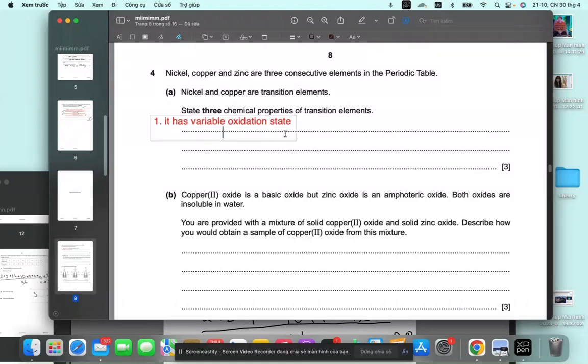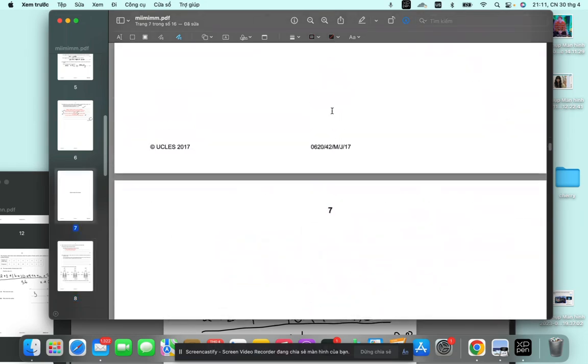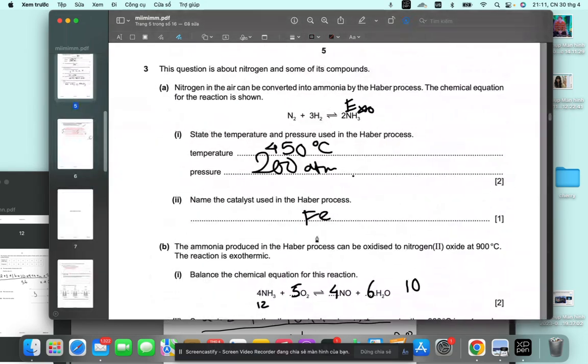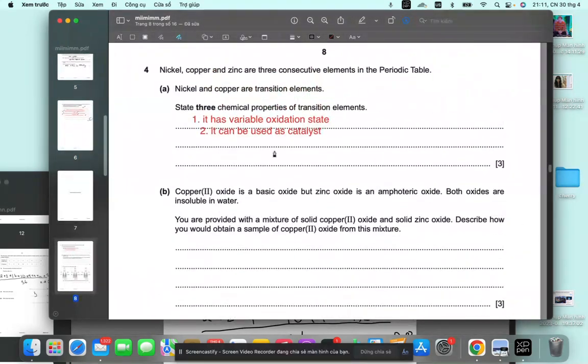Number 2, it can be used as a catalyst, because we know from the Haber process, iron is used as a catalyst, and iron is also a transition element. And number 3, it forms colored compounds. So we have 3 out of 3. 1, 2, and 3. Perfect.